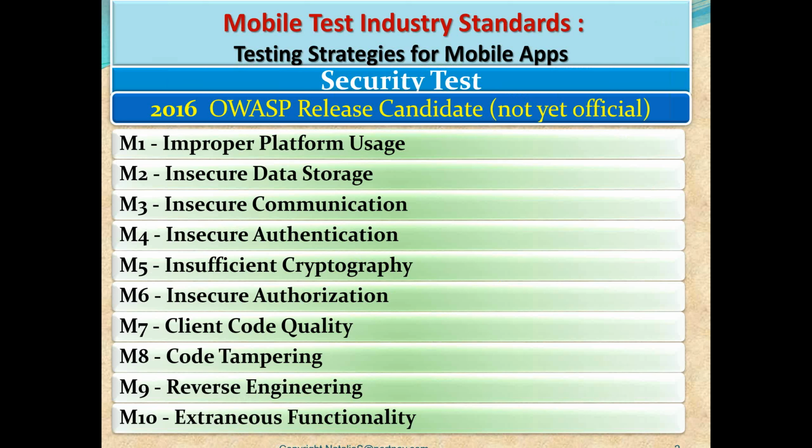Then we have code tampering. And this category covers binary patching, local resource modification, method hooking, method swizzling, and dynamic memory modification. Once the application is delivered to the mobile device, the code and data resources reside there, as we know.